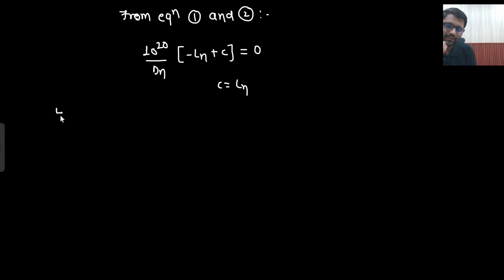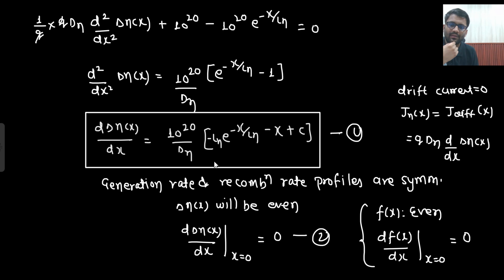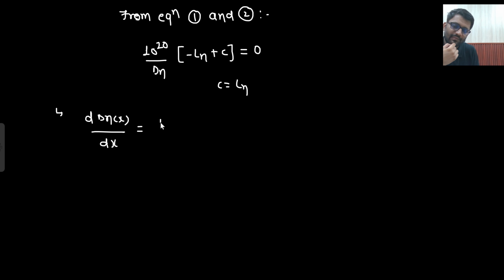So now what do you see? This thing I have got: 10 to the power 20 by dn, minus ln e to the power minus x by ln, minus x plus ln.